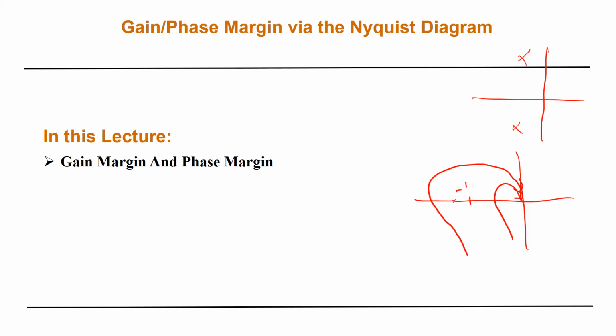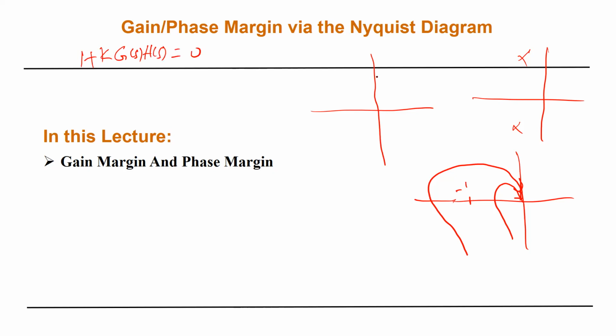No, the -1 point, think about it in the root locus. What does it correspond to? Do you know what it corresponds to? The asymptotes? Not the asymptote, no. Look, it is 1 plus k g of s h of s equal to 0.